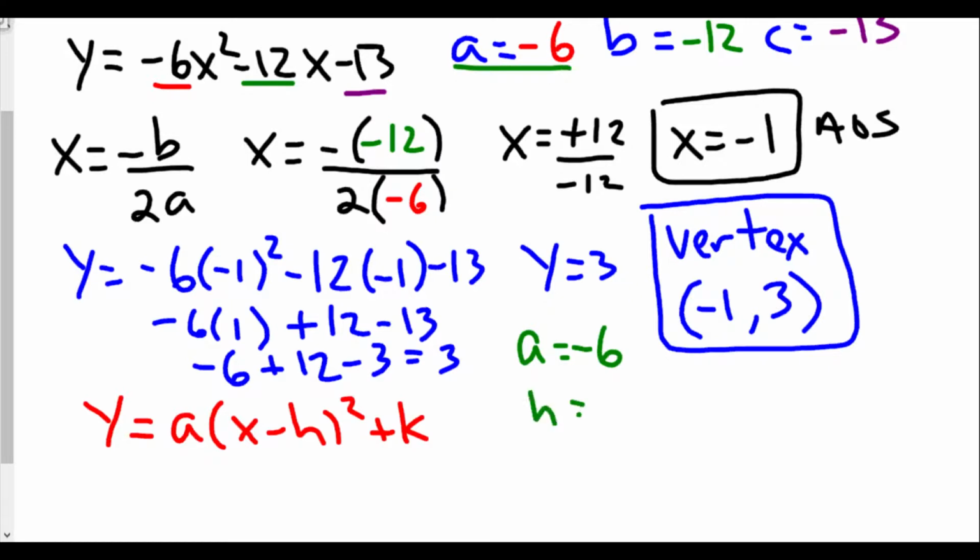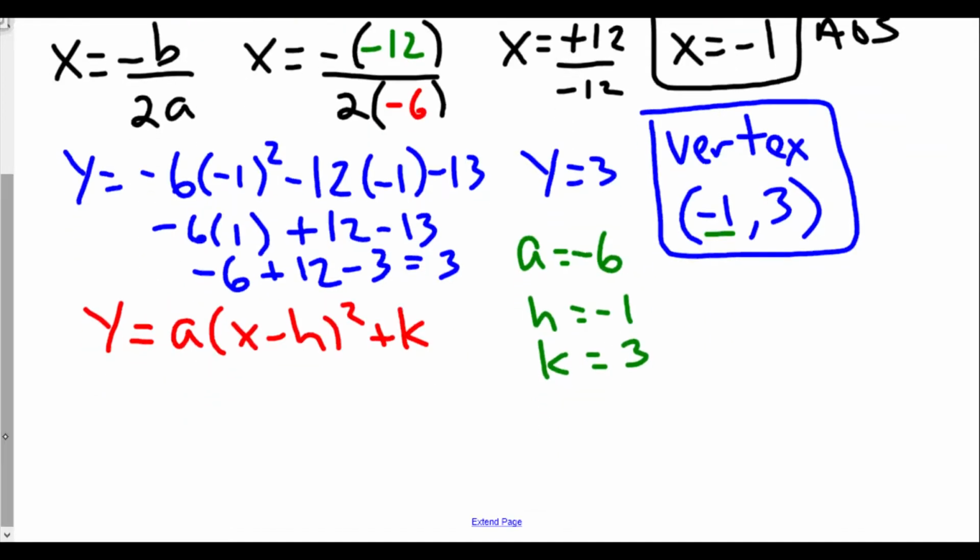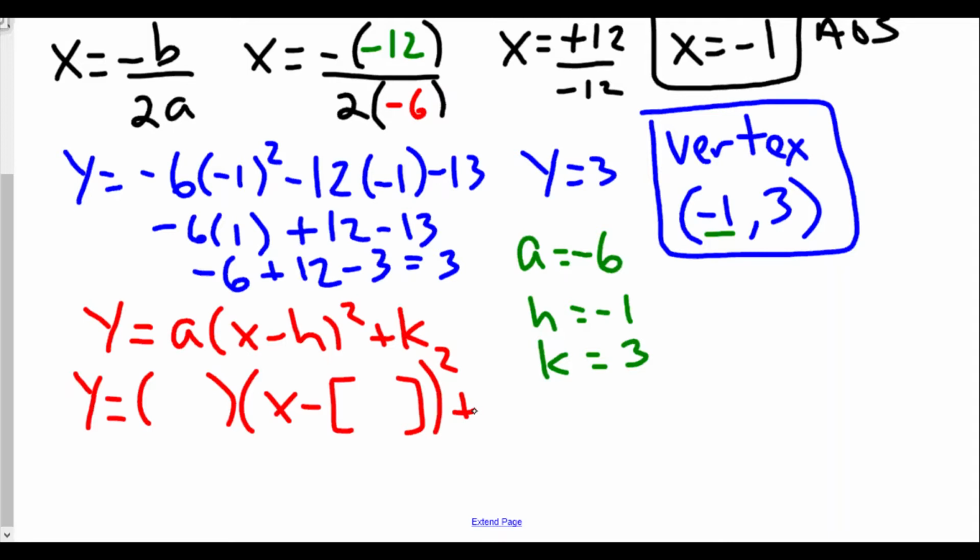Our h value is negative 1. And our k value is 3. So from here, we're going to plug in y is equal to, open parenthesis for the a, x minus, bracket for the h, close parenthesis squared, plus open parenthesis for the k. And now we plug in our a value of negative 6, our h value of negative 1, and our k value of 3.